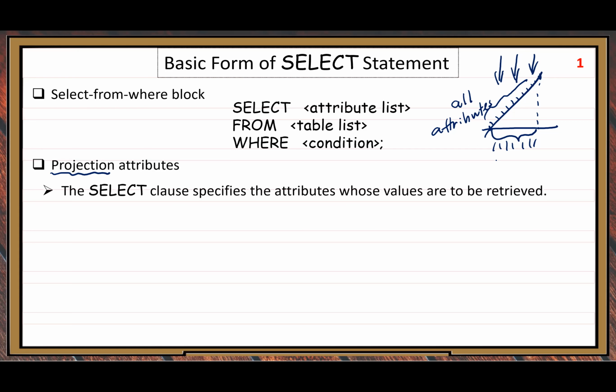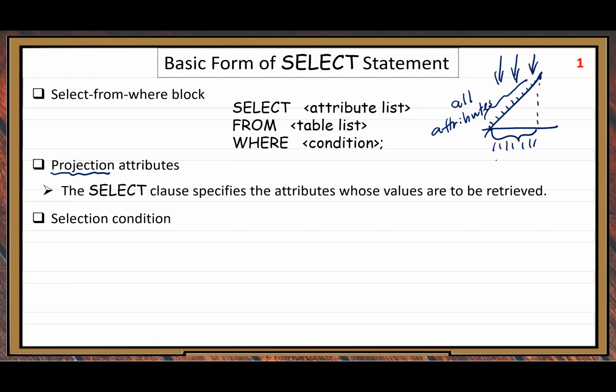The select clause specifies the attributes whose values are to be retrieved. Then the selection condition is in the where clause.